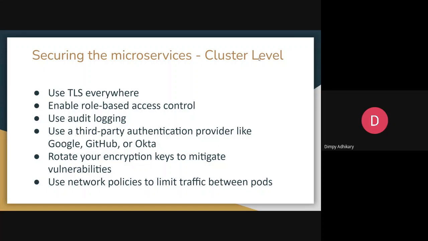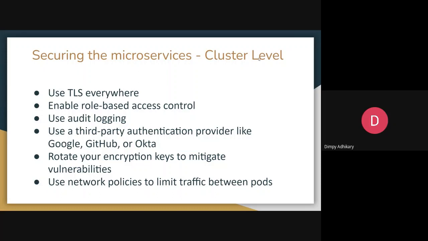First one is TLS. It's the same as HTTPS, so you have to secure your transport. Then enable role-based access control. If you have clusters, you might have multiple users using those clusters, so you have to make sure you only give access to the users who have permissions.